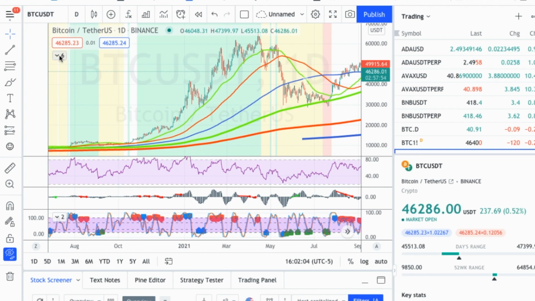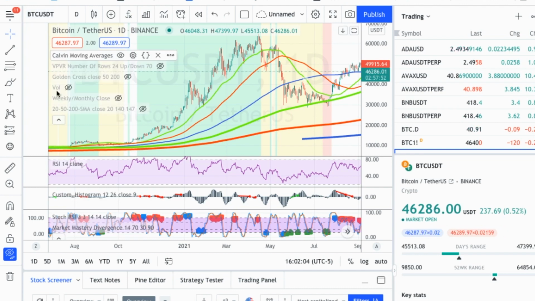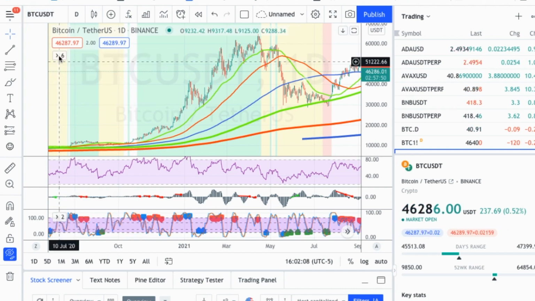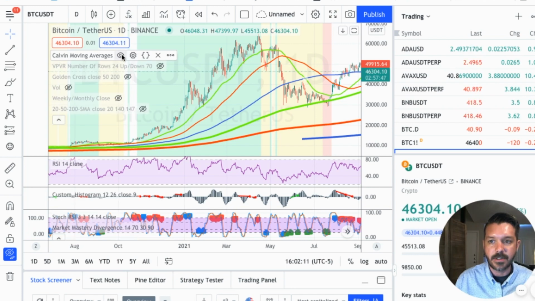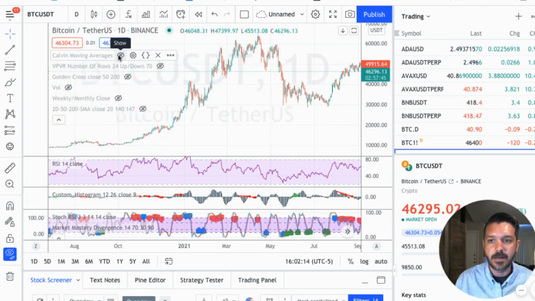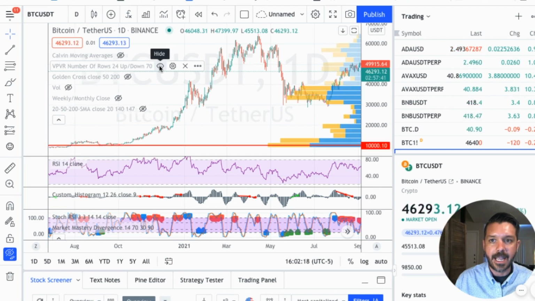The next one that I want to talk about, so you can always click this little arrow here in TradingView, and you can turn these indicators on and off. The next one that is pretty cool is called VPVR, and I made some notes here. The volume profile is an indicator that displays trading activity over a specific time period at each price level.